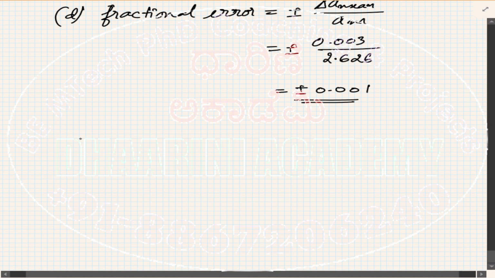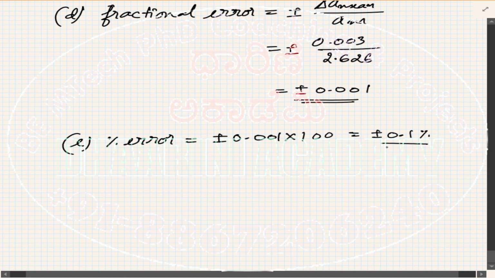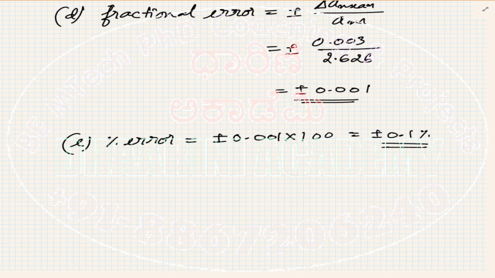Okay, then part E of the question says percentage error. Whatever value we got as the fractional error, that is plus or minus 0.001, should be multiplied by 100. So this is plus or minus 0.1 percent error. So the diameter of the wire which is measured, you can now represent as 2.626, the mean, plus or minus 0.1%, so many centimeters.